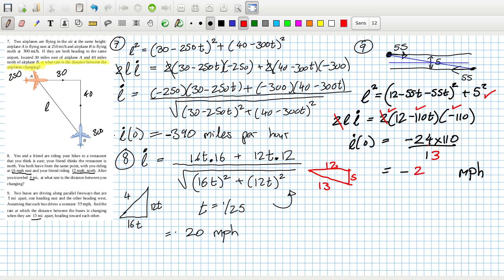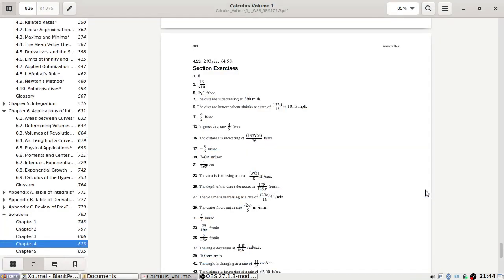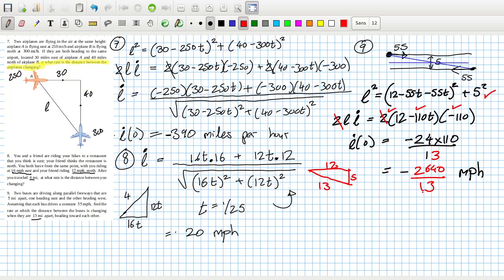So 2, okay. 2640 over 13, but, okay. Oh yeah, Stephen, that 2 is gone. It's cancelled. So it's actually a 12.